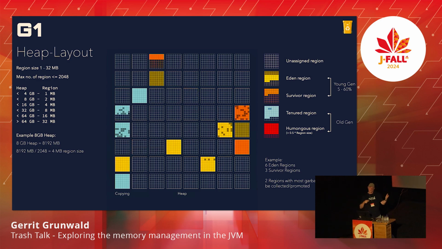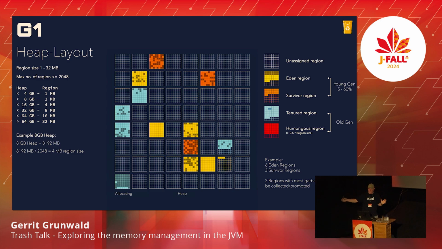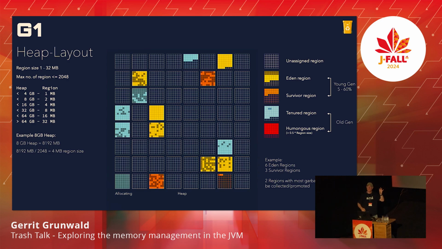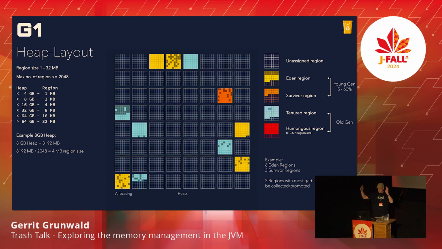You can see this is quite flexible, right? Because we always only have to copy small spaces. It's not really that we have to copy large things, or if we do the collection, we don't have to walk through a lot of memory to do that, because these regions are quite small, and we only select the ones that have the most garbage in there. So this is a totally different approach, and all the modern collectors that we have are using the region-based approach instead of having these huge chunks in memory.